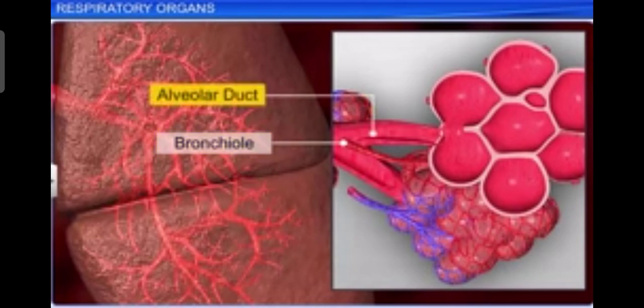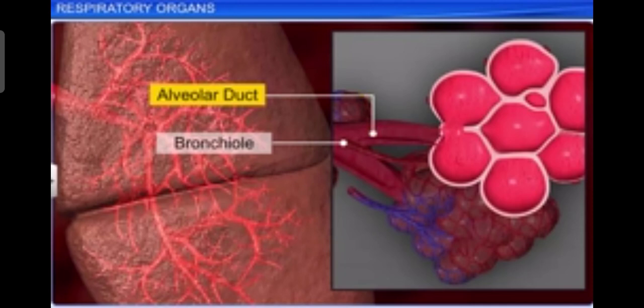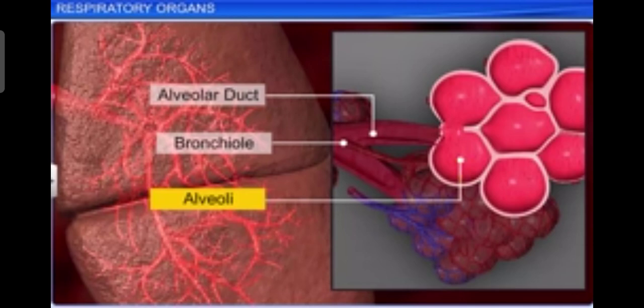Each terminal bronchiole gives rise to a number of very thin, irregular-walled and vascularized bag-like structures called alveoli, and there are the alveolar ducts. We have around 600 million alveoli. The branching network of bronchi, bronchioles, and alveoli makes up the lungs.